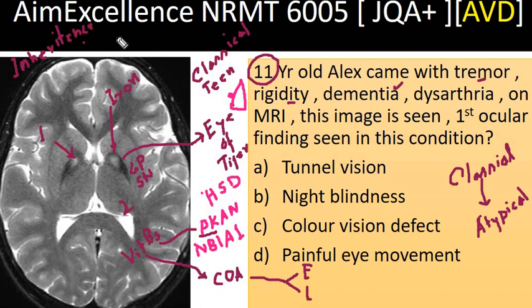The culprit gene is on the short arm of chromosome 20. Here there will be a missense or null mutation.